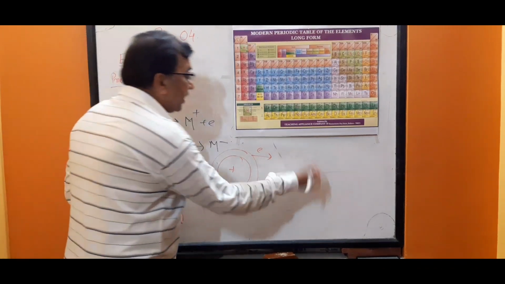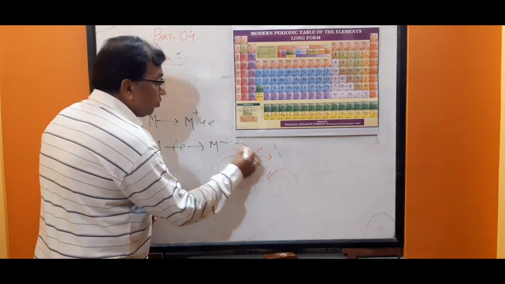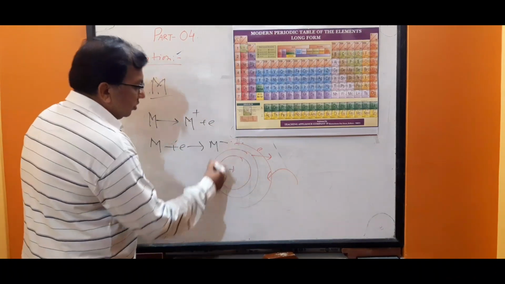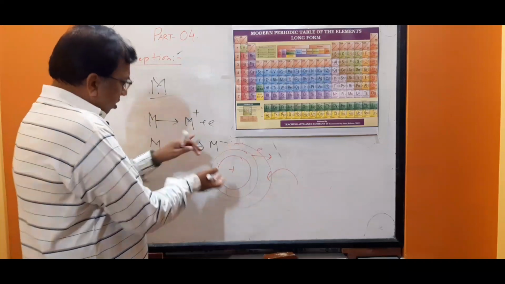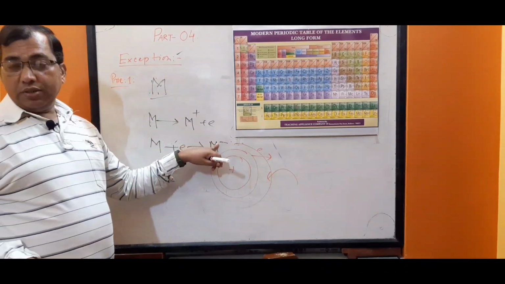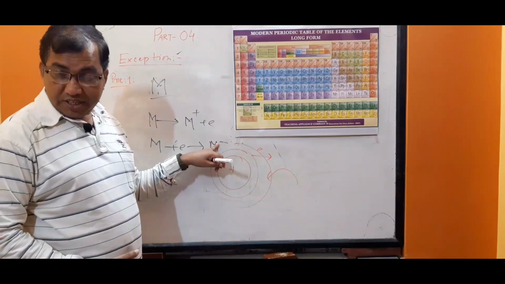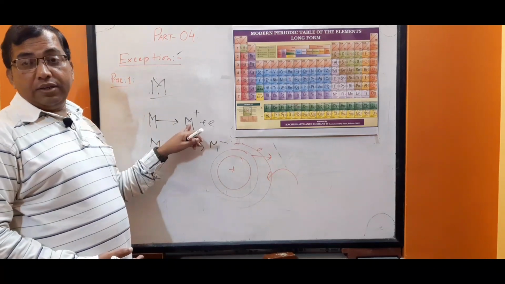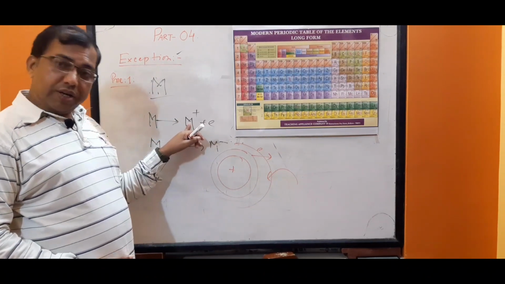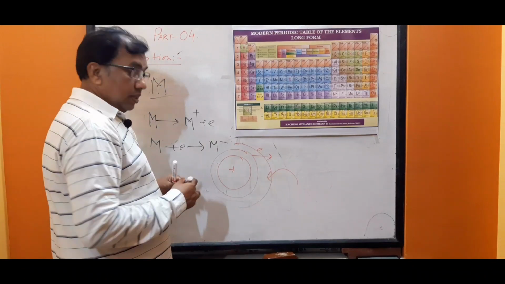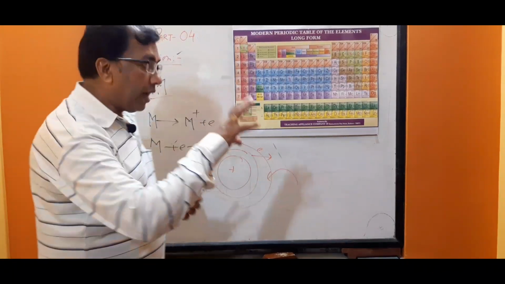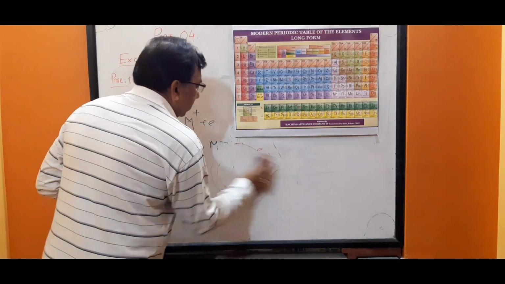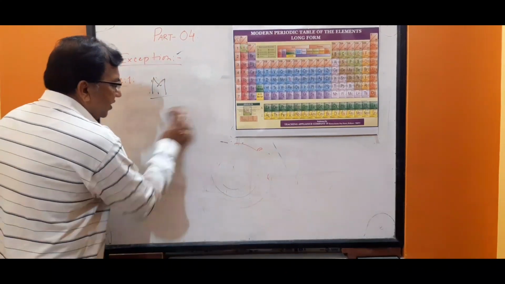In case an electron is added, then the radius will increase. So in case of an anion, the radius will be greater than that of the cation. Okay. So the cation is smaller than the anion. So what will be the size of the simple atom, the parent atom? The parent, what is the relation?